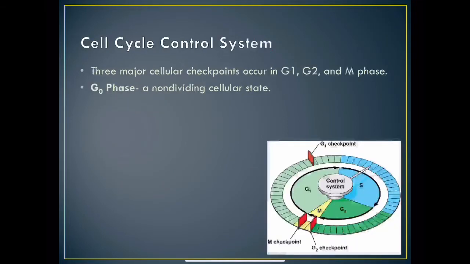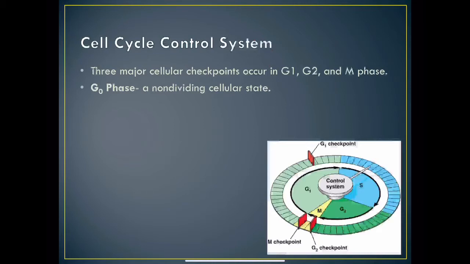So let's go on with the control of the cell cycle. Today's lesson is pretty detailed. It's got a lot of extraneous information, I'm just going to go ahead and say. But I want you to kind of get the big picture here, okay? I want you to see that the cell cycle is very tightly controlled.